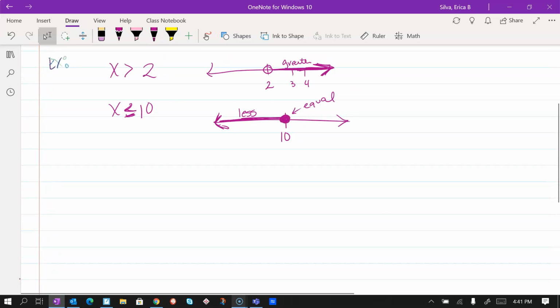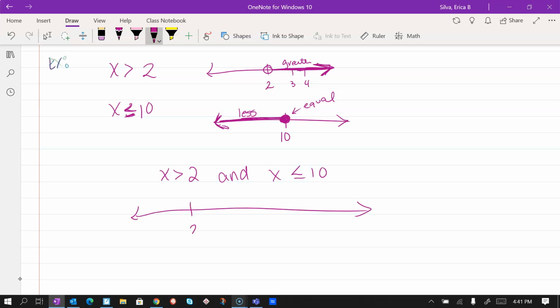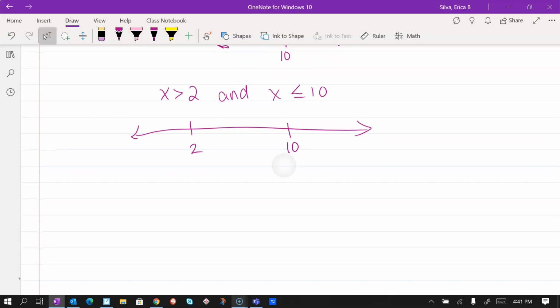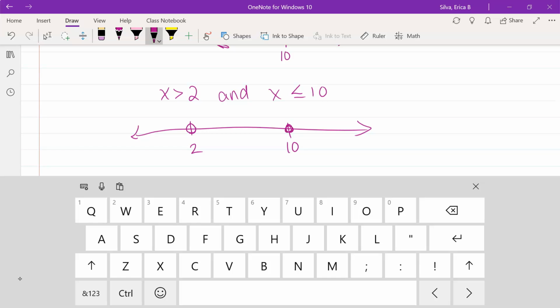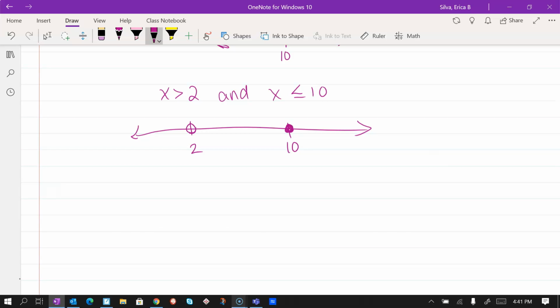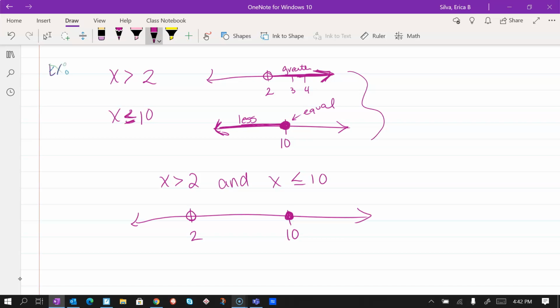So if we were to get a solution where all my x's are greater than 2 and where x is less than or equal to 10, then on our number line, we can put 2 and 10. 2 is open, 10 is closed, and we're going to graph it in the same direction, so to the left of 10 and to the right of 2.